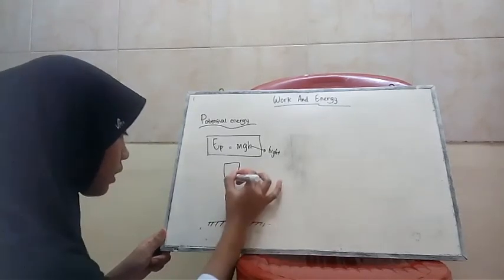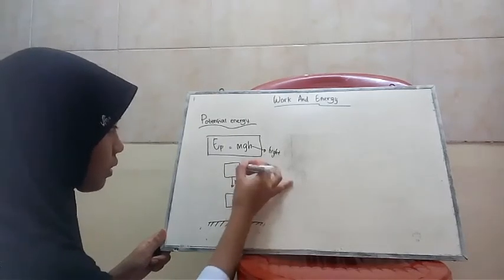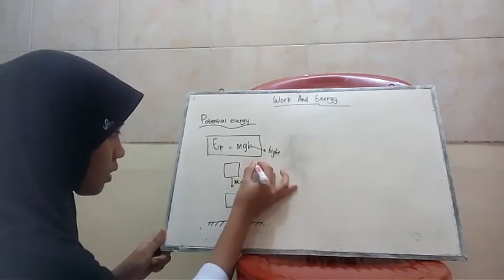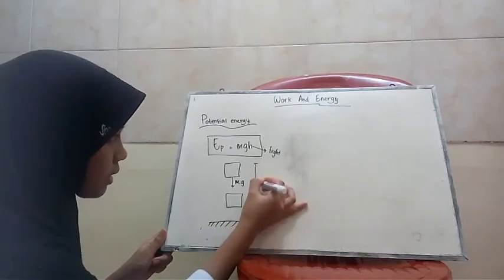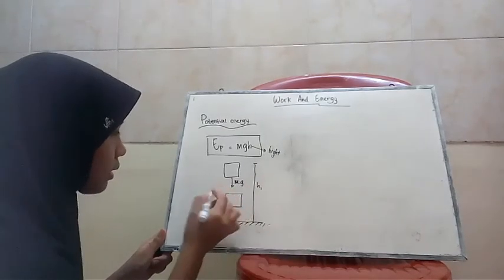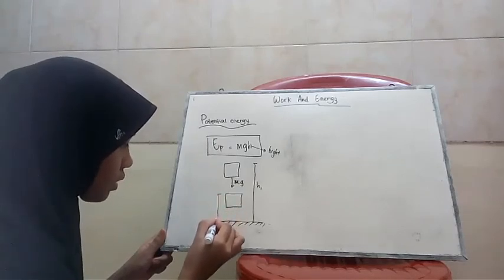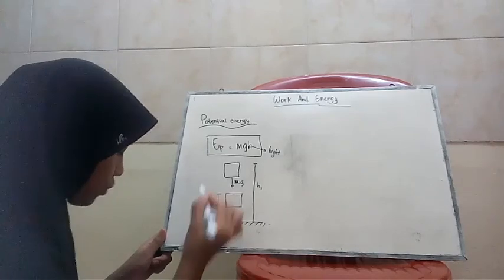Here there is m and g, and from here to here this is 1, and from here to here is 2.